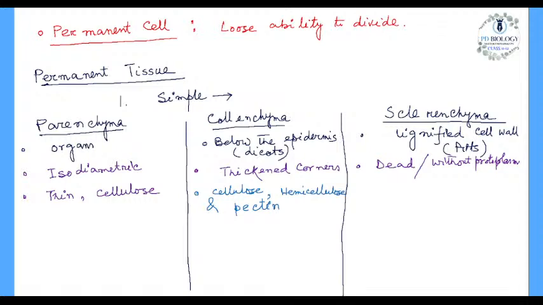Sclerenchyma, they are of two types on the basis of their structure and development variation. That is the sclerenchyma fibers and sclerites.